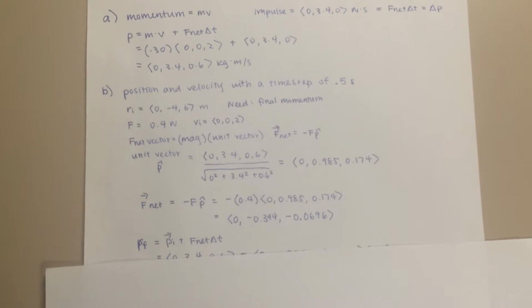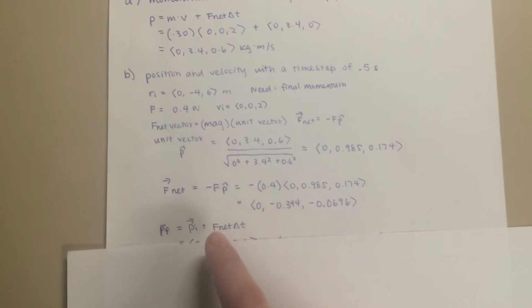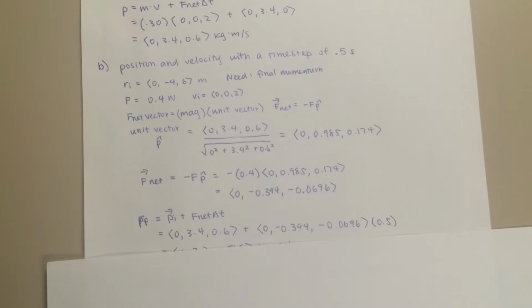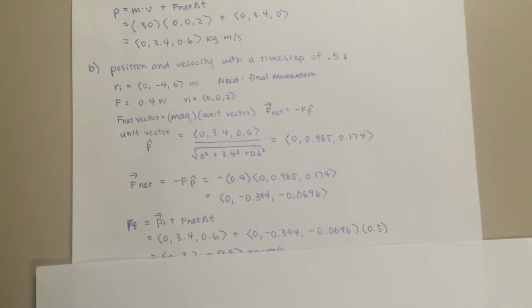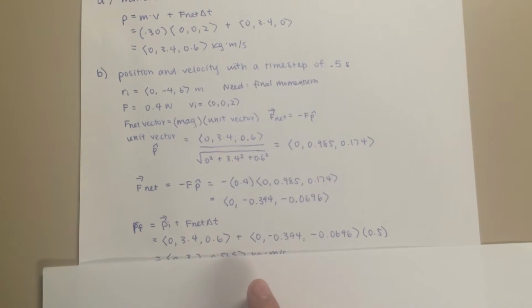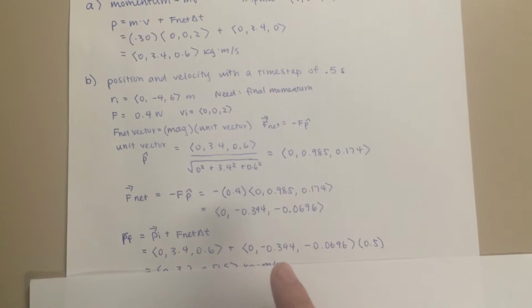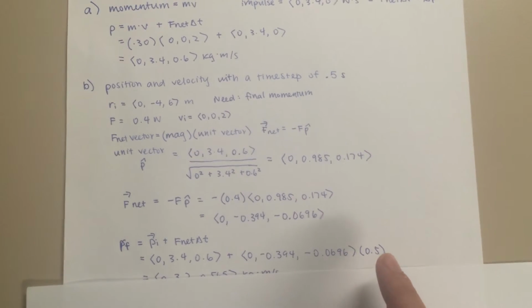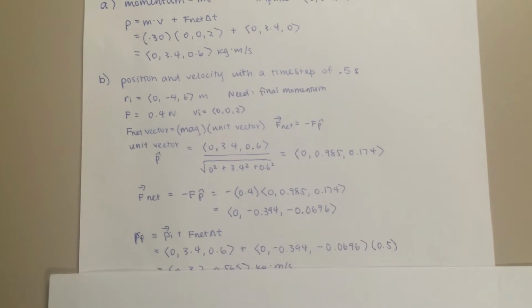So using the F net, we can find that the final momentum is equal to the initial momentum plus F net delta t. We have the initial momentum, which is 3.4, 0.6, and then we use the F net we just found times the delta t, which is 0.5, because that was the time step.